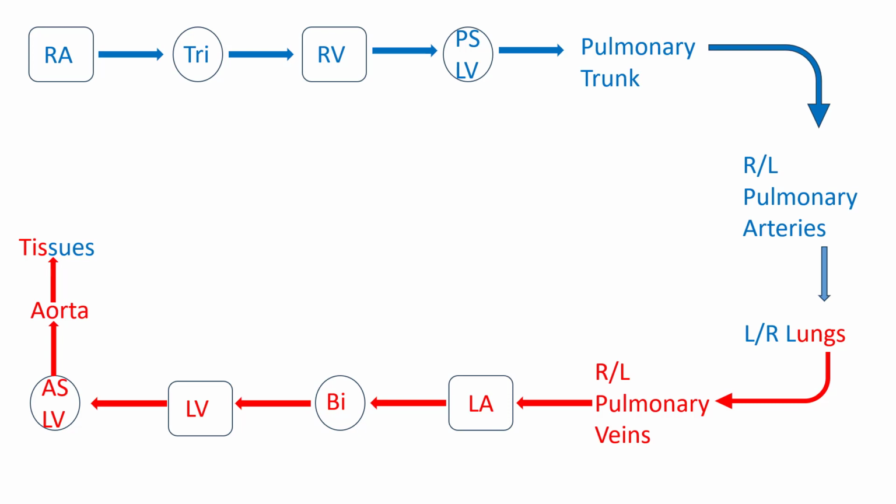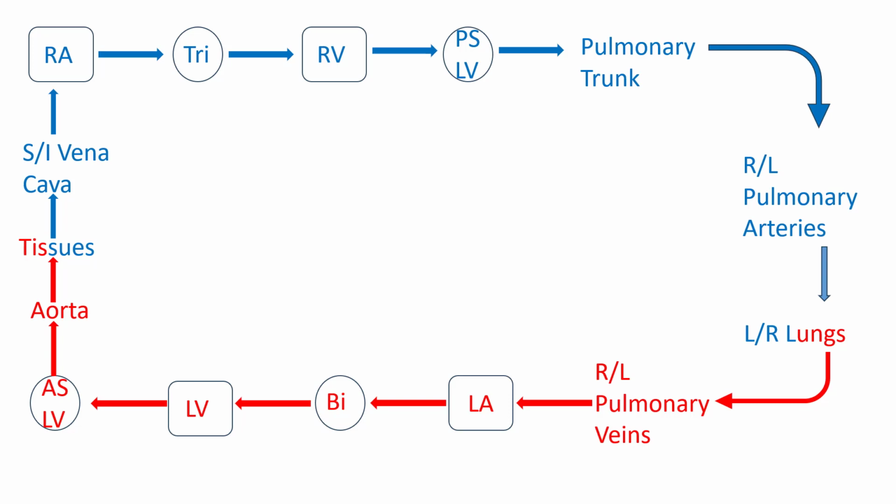After we've done that, we leave the tissues, returning back to the heart, and depending on where in the body we're coming from, we're going to go into either the superior or inferior vena cava. The superior and inferior vena cava both empty into the right atrium. And now we're right back where we started.